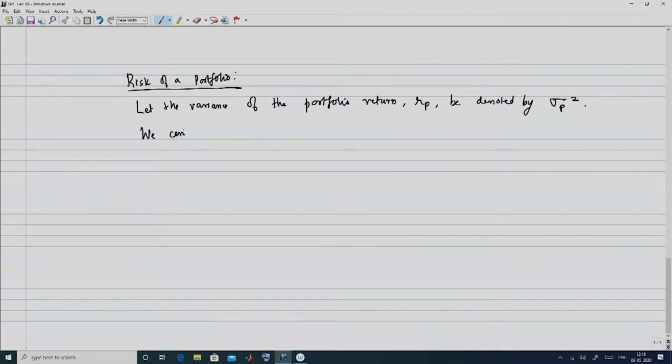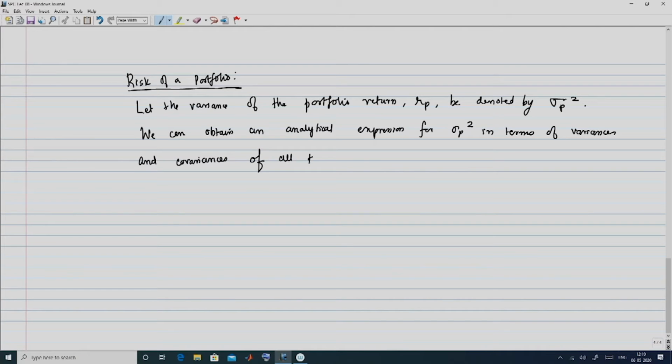Now, we can obtain an analytical expression for sigma p square in terms of variances and covariances of all the securities comprising the portfolio.